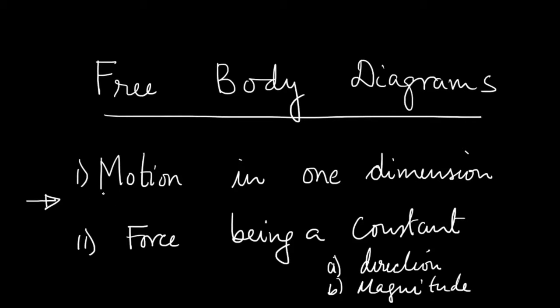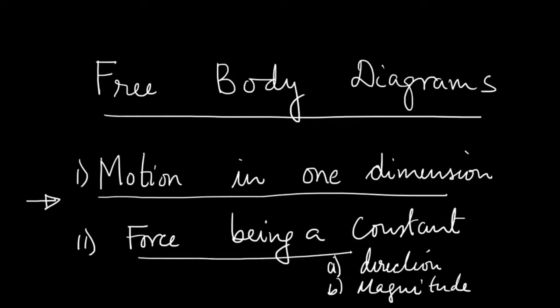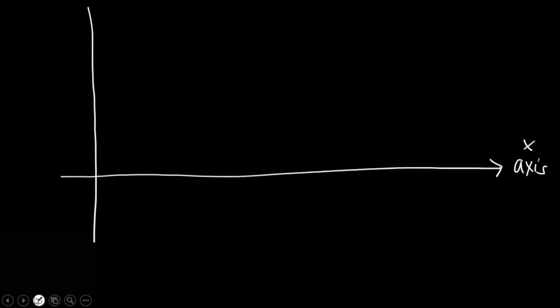So what do you mean by motion in one dimension, and what do you mean by a force being constant in direction and magnitude? What I mean is that we'll be able to keep track of this particle which is moving by drawing one axis, which we can call the x-axis, and we'll keep track of the particle by telling the x coordinate from some chosen origin.